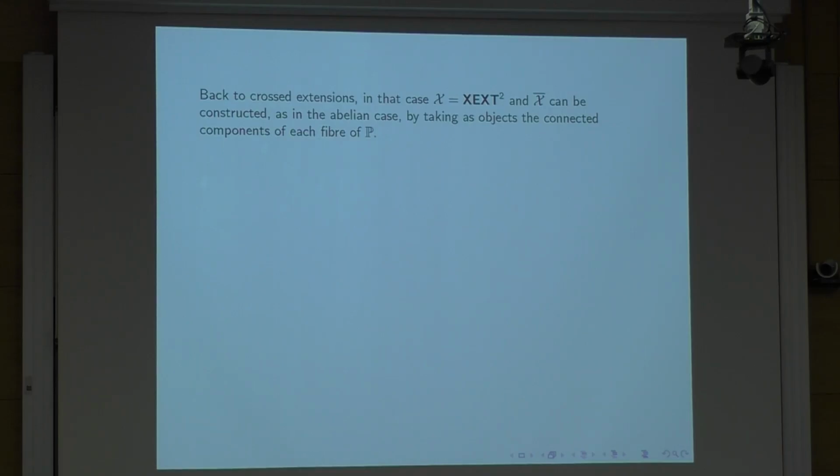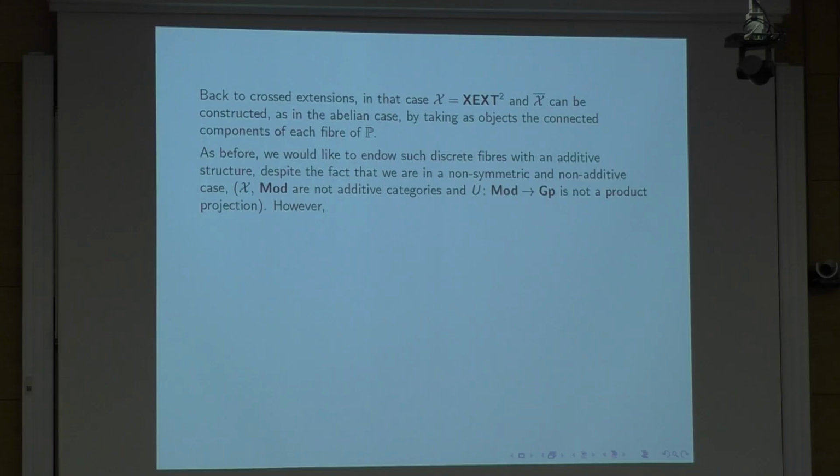Okay, so back to the crossed extensions. We apply this result to the case of X, X squared, and X bar can be constructed as in the Milan case, in the same way, by taking as objects the connected components of each fiber of the P. But again, we want to talk about cohomology, and then we want first to endow such fibers with an additive structure.